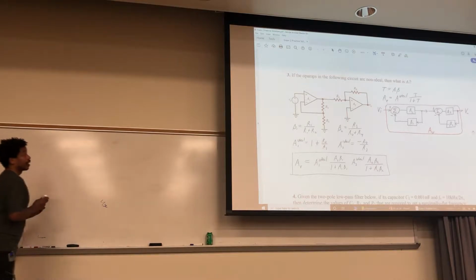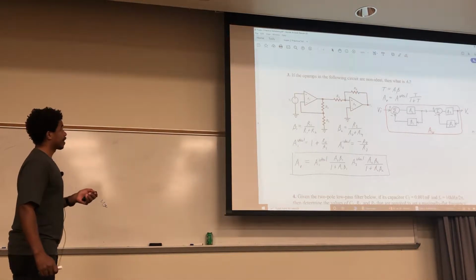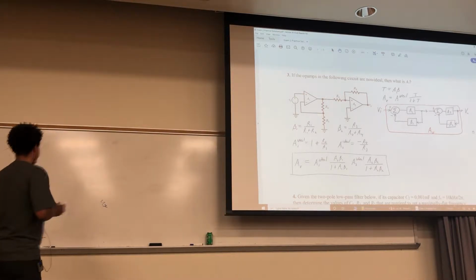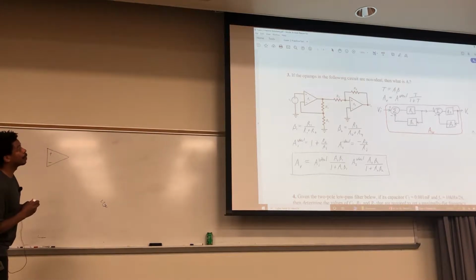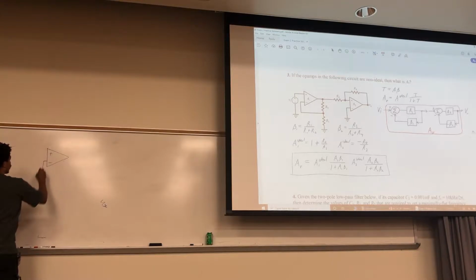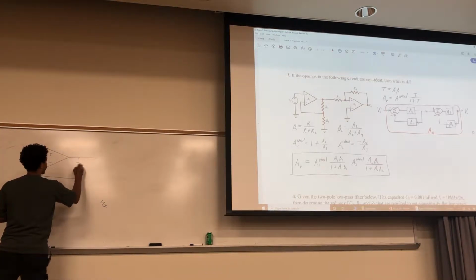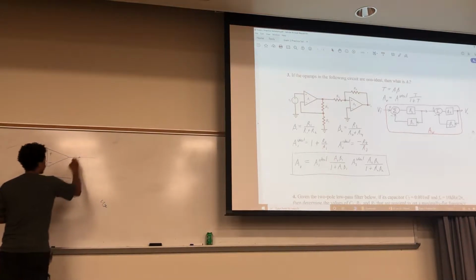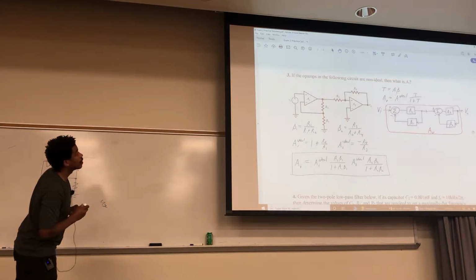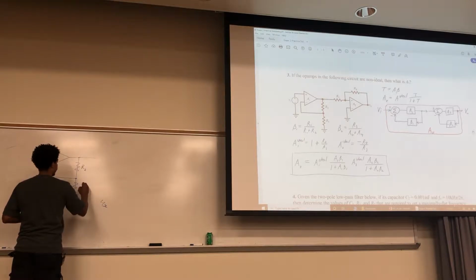If you're looking at a system like this right here, the thing you're really worried about is this piece, where you have an R2 on top and an R1 right here.